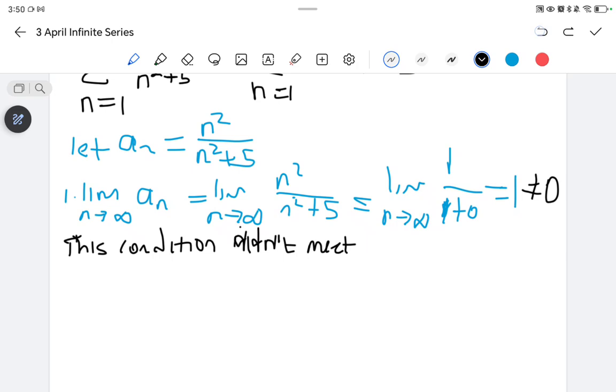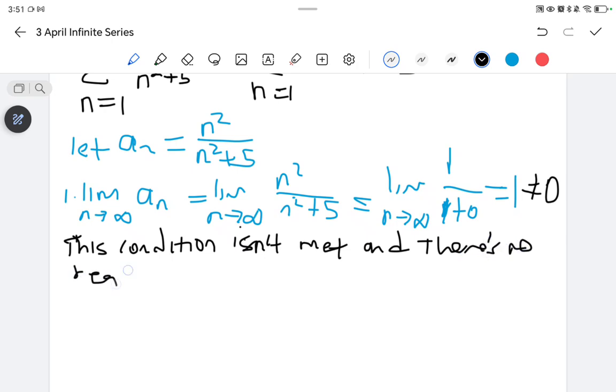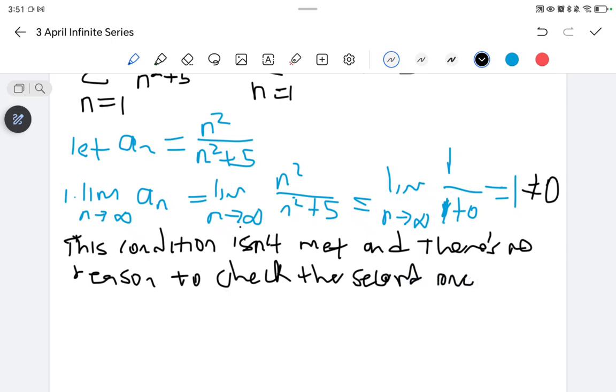I can write this condition failed or isn't met. So you see that this condition isn't met, and there's no reason to check the second one.